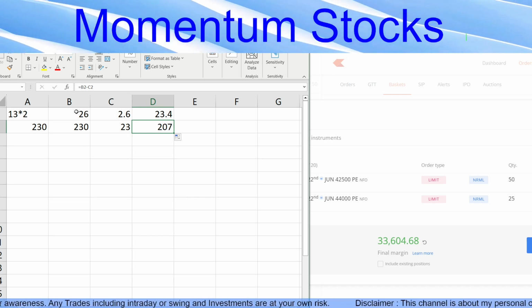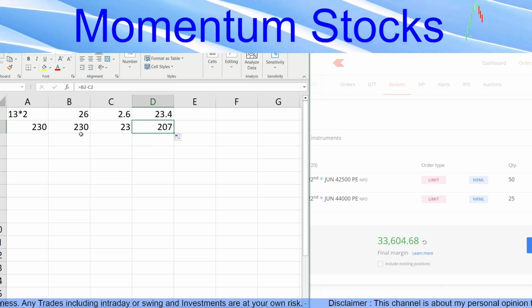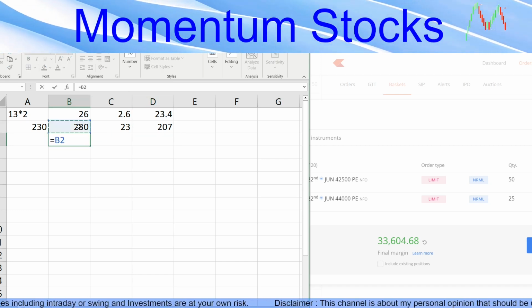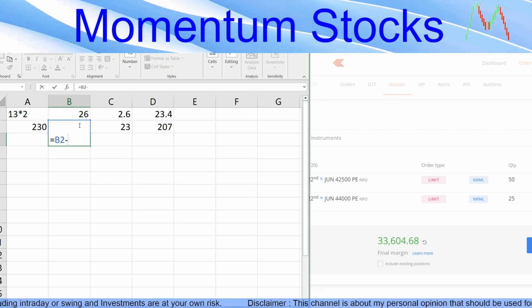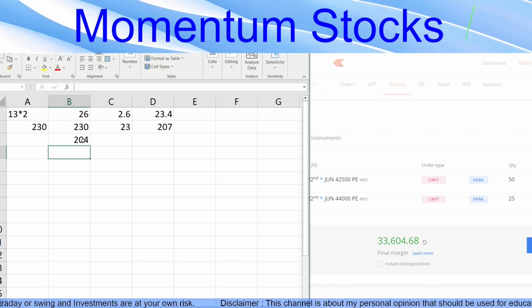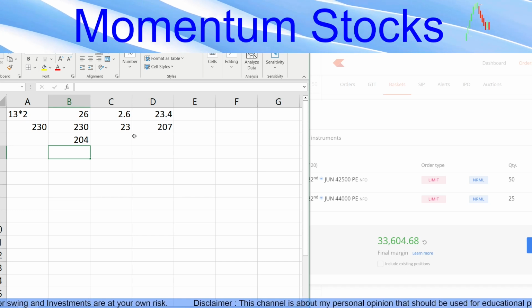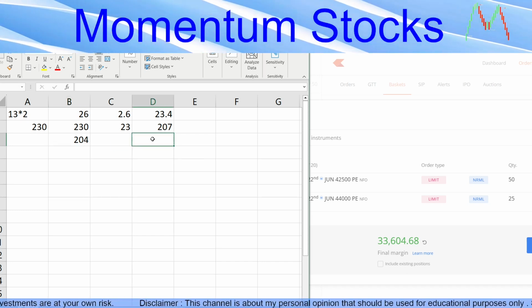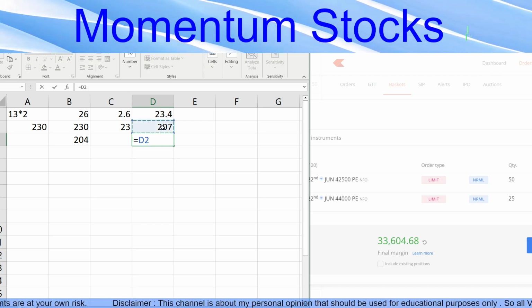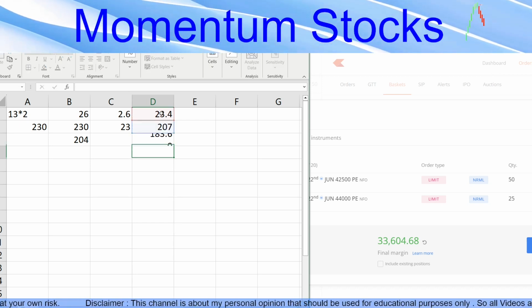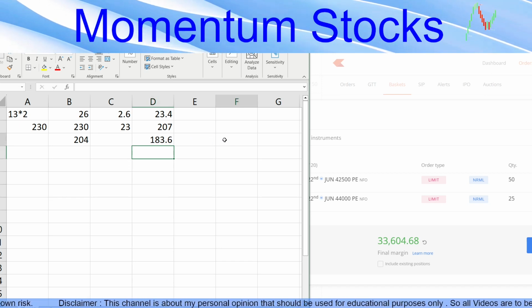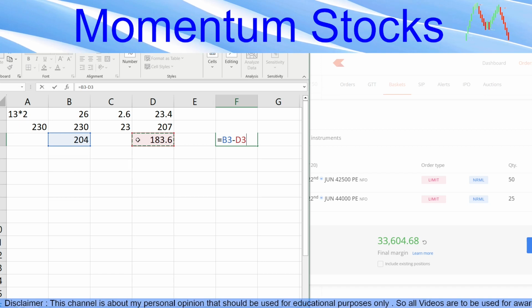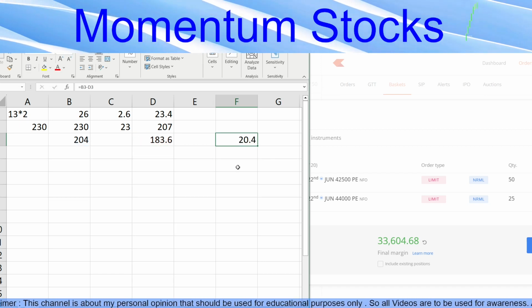Now if I subtract these two, you will see you are still in profit. Say for example, you have entered this position, the total amount is this 230 which you have sold minus 26, that is 204. And if bank nifty is flat throughout the time period, at the same level, you will see this minus this, that is 183, which is a difference of about 20 rupees.